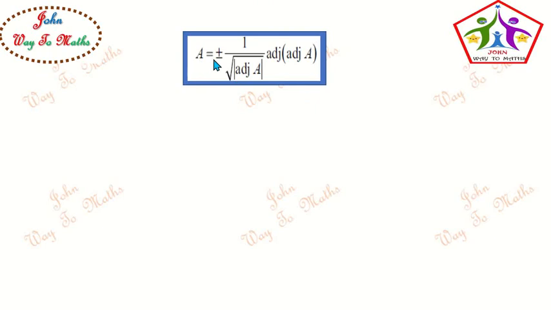So the formula: A is equal to plus or minus 1 by the square root of the determinant of adjoint of A, into adjoint of A matrix.